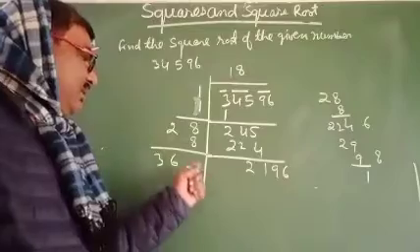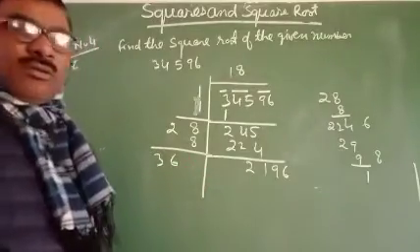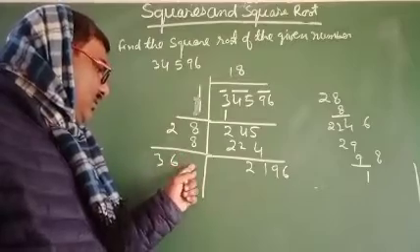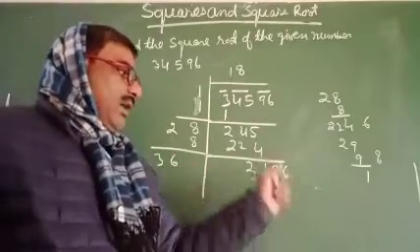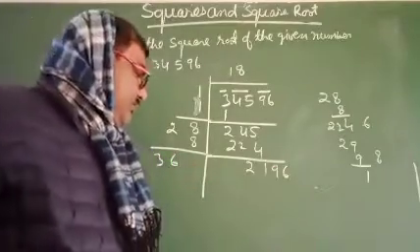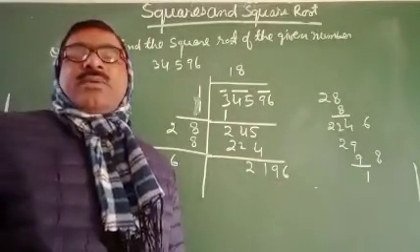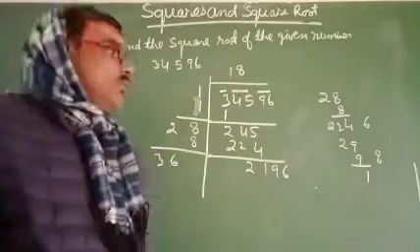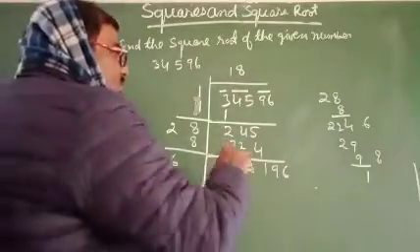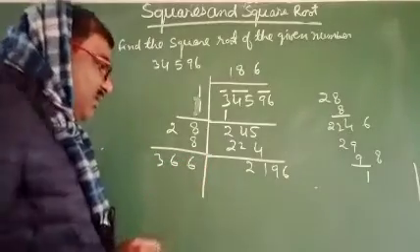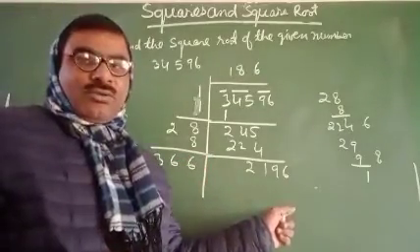Now I will write here that number which can multiply by itself, we get 2196 or just less than 2196. So if you write here 6, then here I also will write 6 because 6 times 6 is 36.